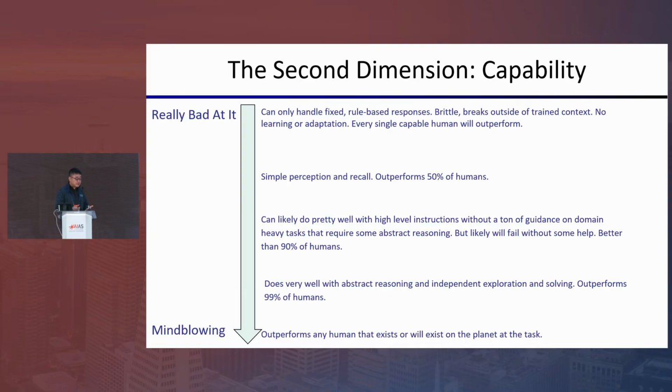Later it becomes even smarter and does pretty well with high-level instructions, without a ton of detailed guidance on domain-heavy tasks. Those tasks generally require heavy abstract reasoning, but it would likely fail without some help. Later it becomes even smarter. It can do very well with abstract reasoning, independent exploration, or perform at the level of 99% of humans. And finally, it's going to really exceed all of us.